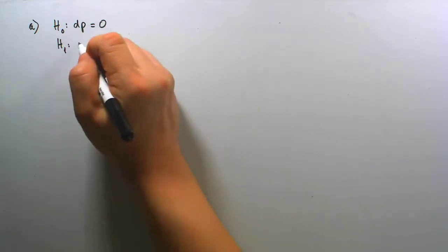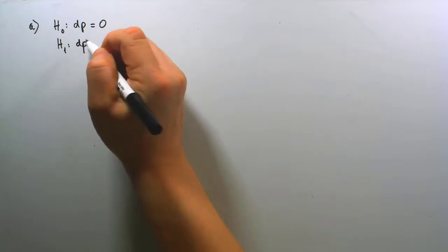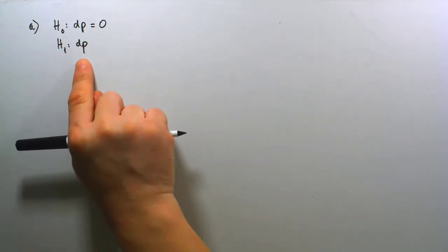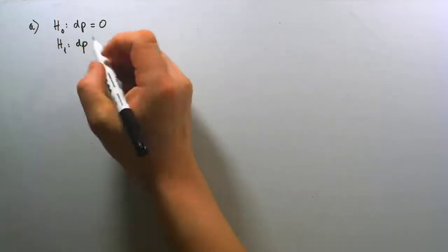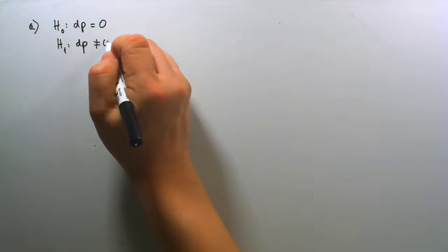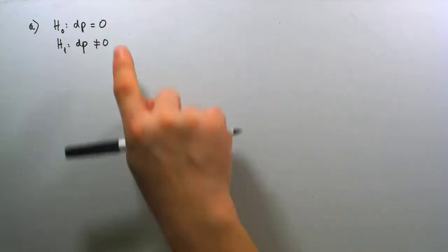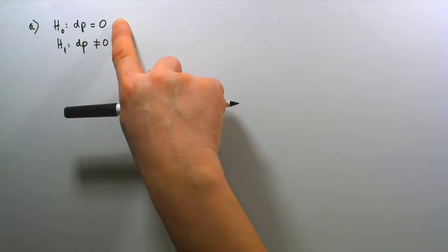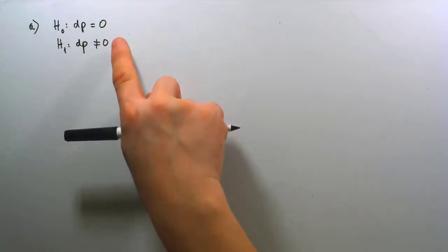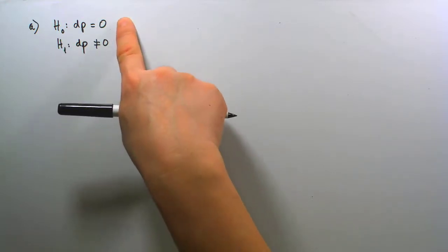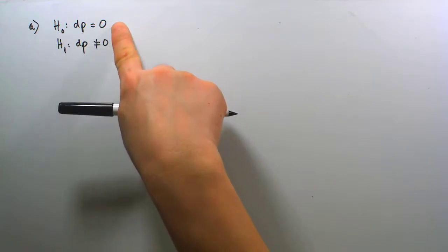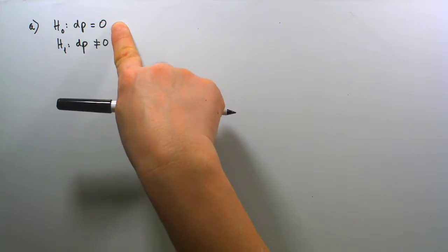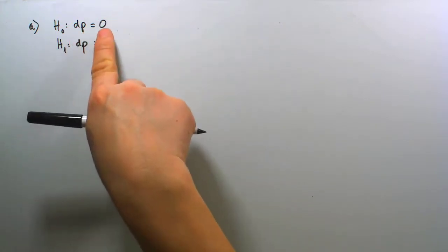And the alternative hypothesis was arguing otherwise. dp was other than 0. And we started out by accepting h sub 0. But in the end, we actually failed to reject h sub 0, meaning there's nothing wrong with accepting this null hypothesis, or there is still some likeliness that dp can still be equal to 0.